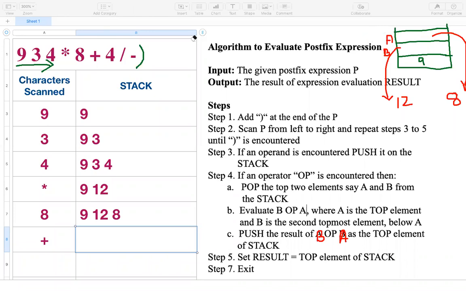Top no longer remains here. Top moves to this place. This is my top right now, because the two elements have been deleted.